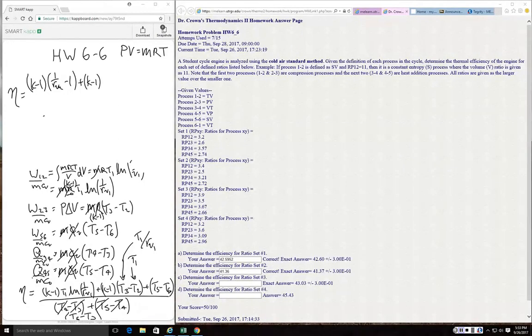natural log of RV1. I switched these first two terms, I'm not sure why. This last term's a little bit large.